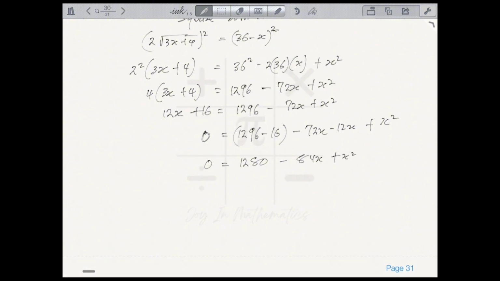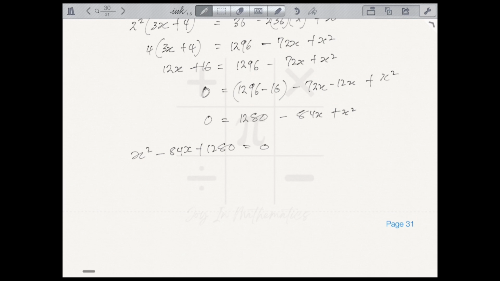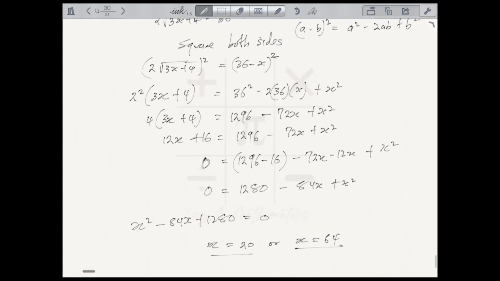We can flip it into the order we know: x squared minus 84x plus 1280 is equal to 0. Now, when we solve this, either by calculator or by the quadratic formula or factorization method, we have two answers: x is equal to 20 and x is equal to 64.